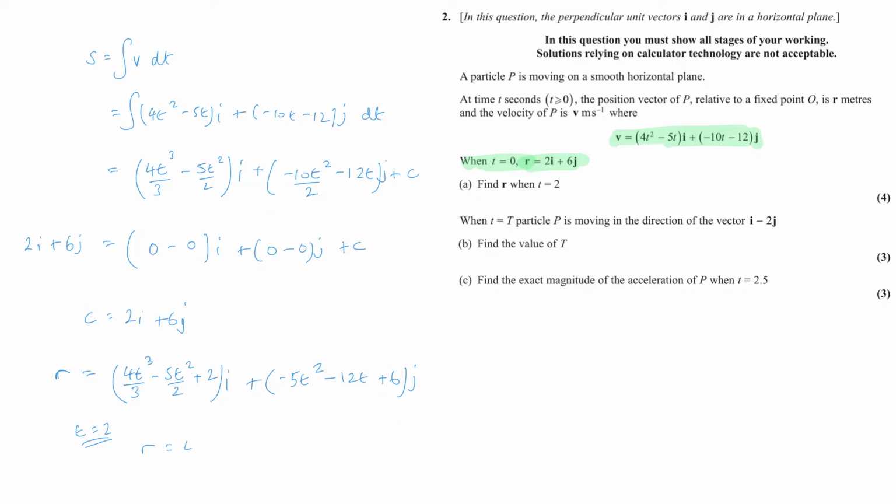So r equals 4/3 times 2 cubed minus 5 times 2 squared over 2 plus 2i, and then it's minus 5 times 2 squared minus 12 times 2 plus 6j. So carry on up here, r equals, just put this in my calculator, and I get 8/3i minus 38j. Right, let's get on now to part B.